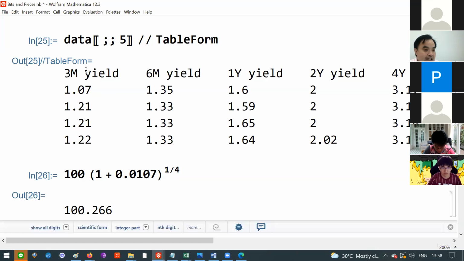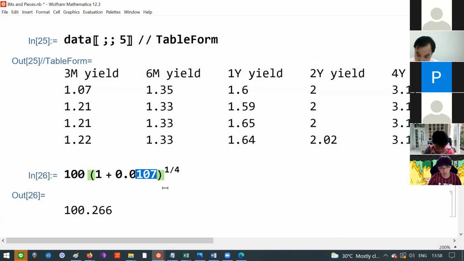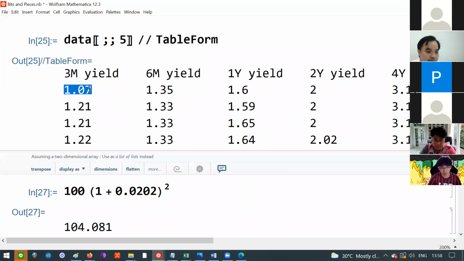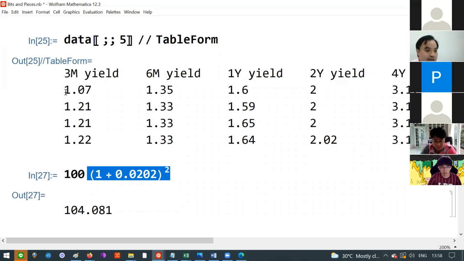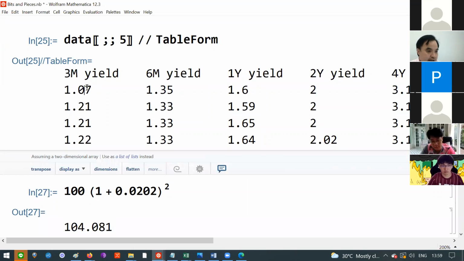On the other hand, if you invest here, this is the 2-year yield, and because you're investing for longer, you get 104 baht. So this is an interest rate per year, so you have to adjust for the amount of holding. So this is actually what's available for the day.